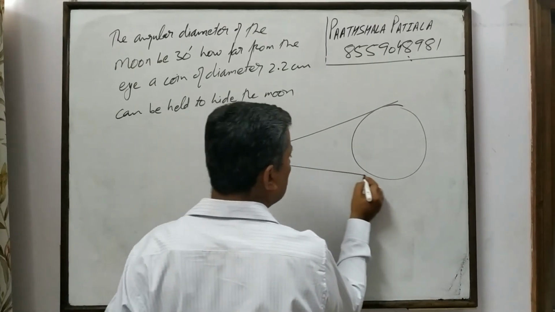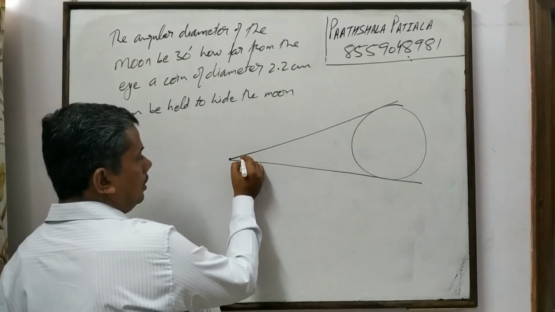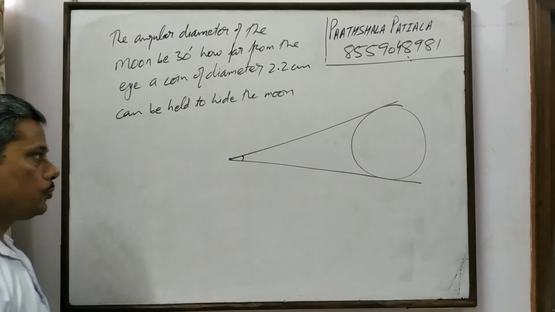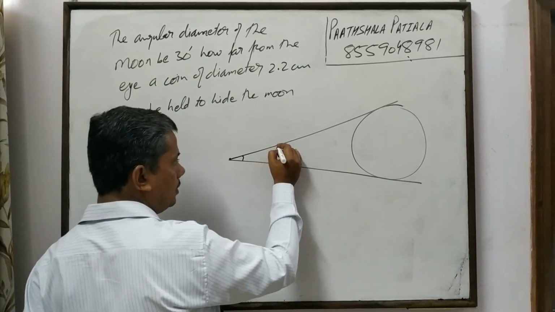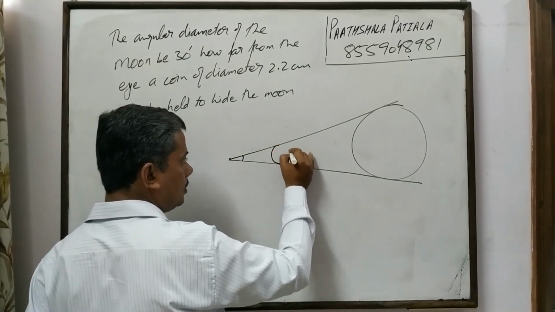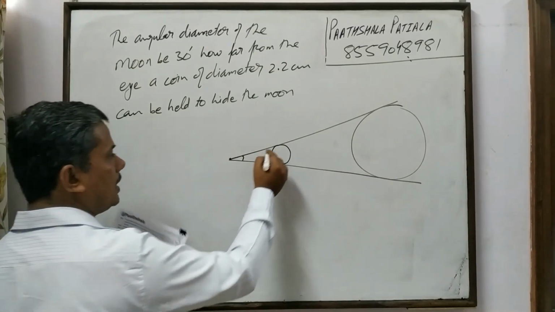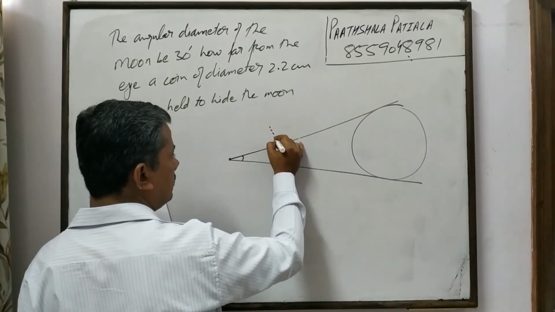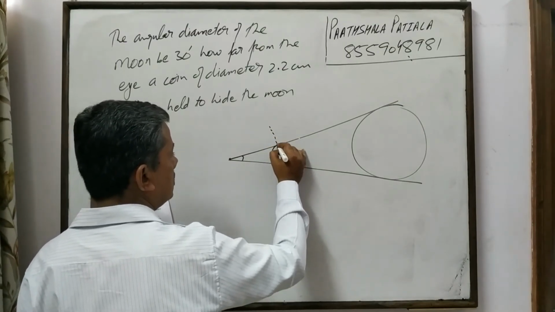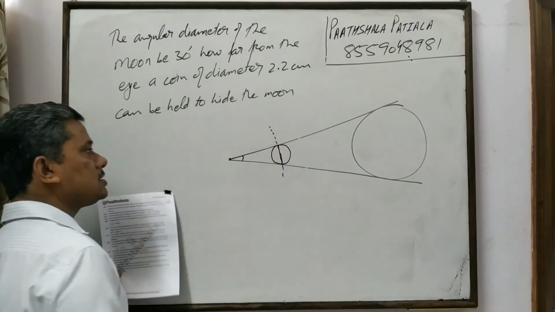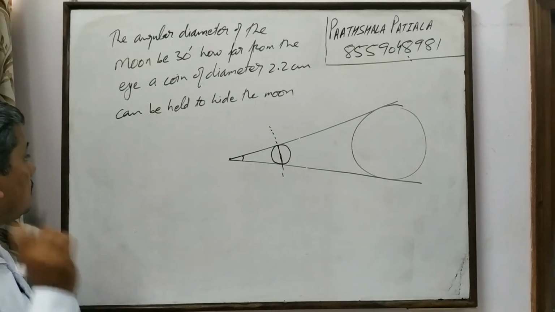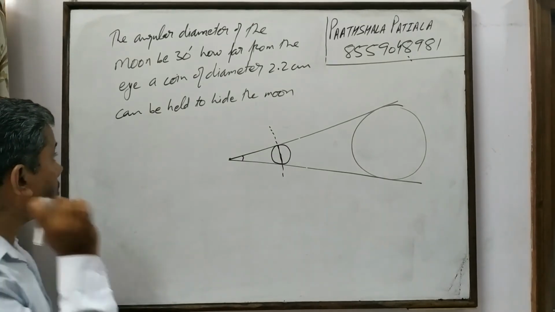That is the angular displacement of the moon. Now if a coin is held, then it must cover the angular displacement of the moon. So if the coin is held, the diameter of the coin is given as this, because if the radius is larger and the angle is small, then chord and arc are the same.